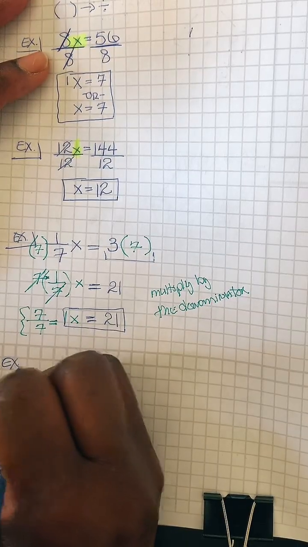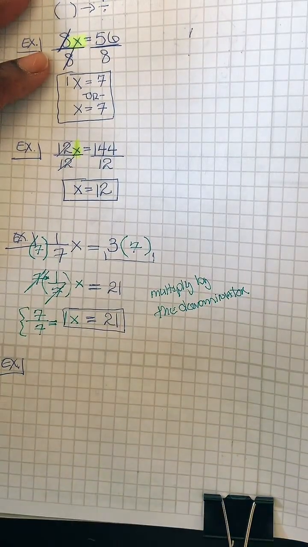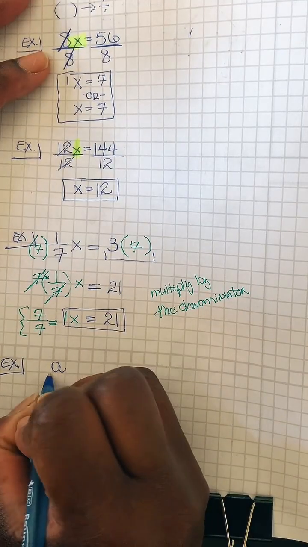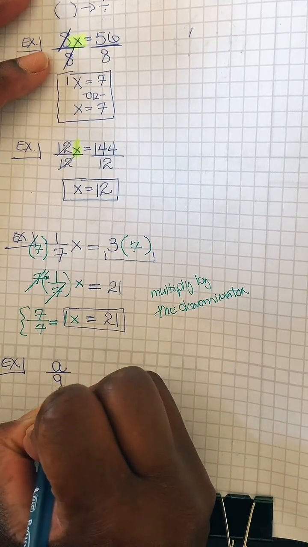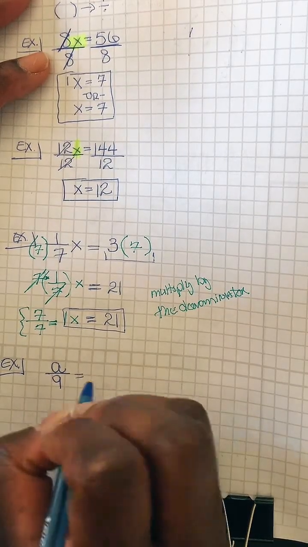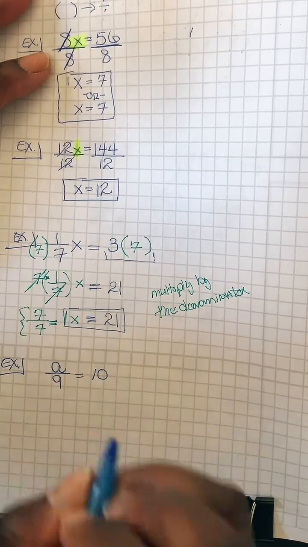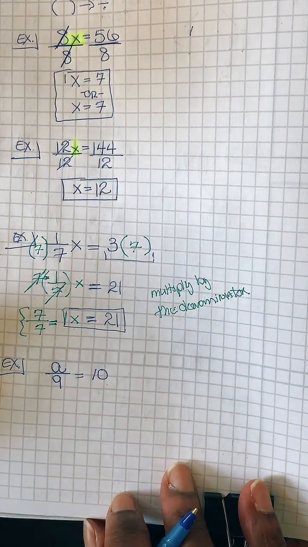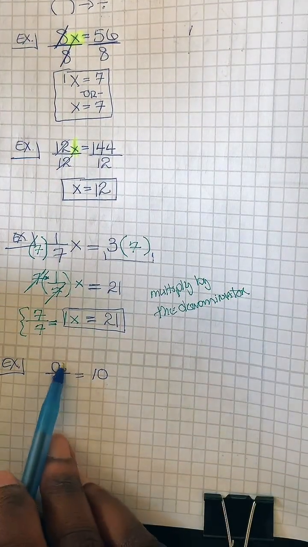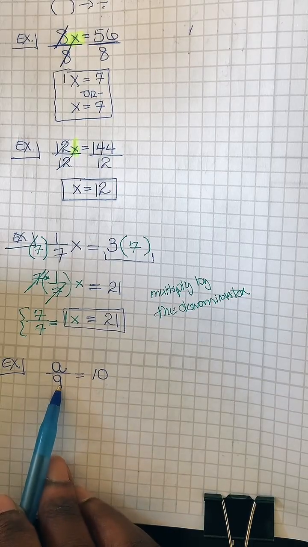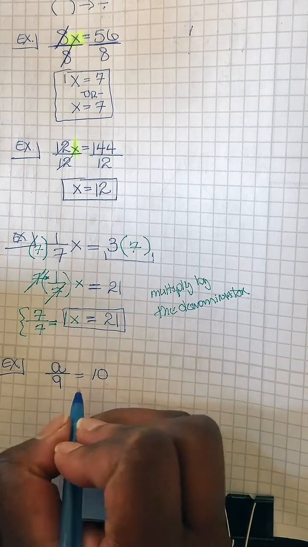So we got our next example, and it is a over 9 equals 10. So a, an unknown number being represented by a, divided by 9 equals 10.